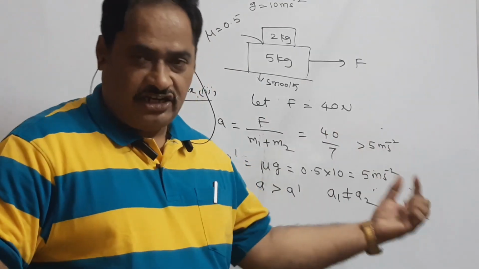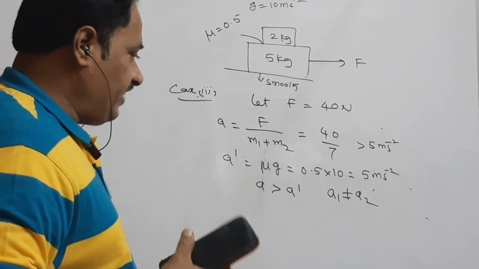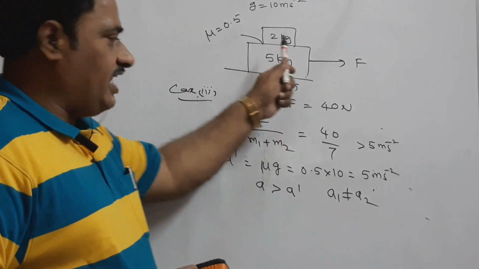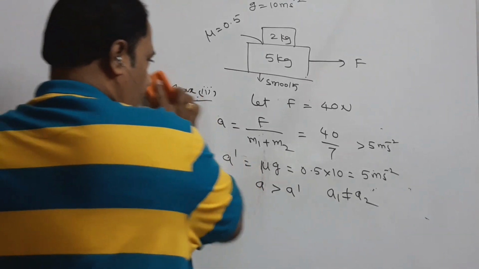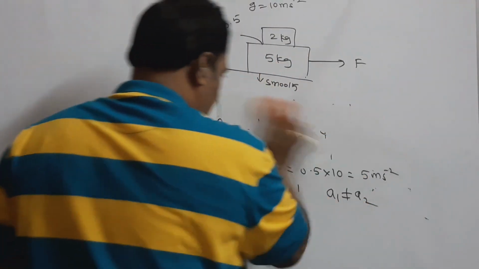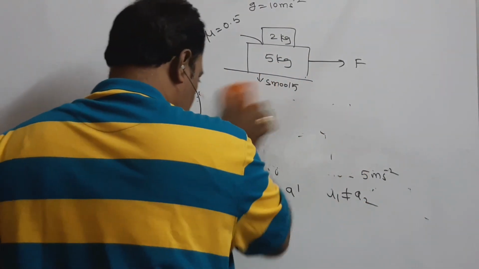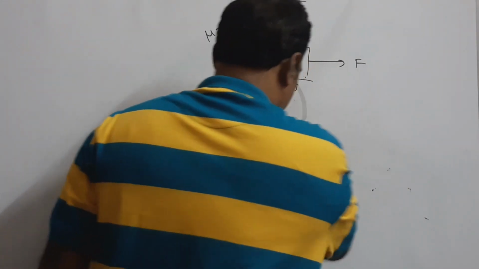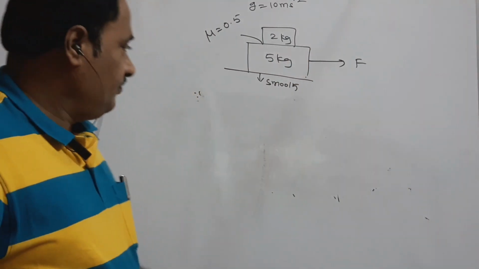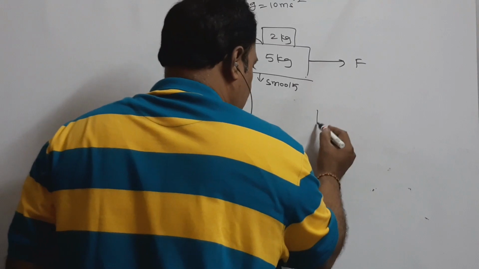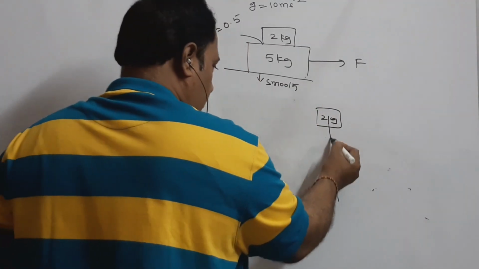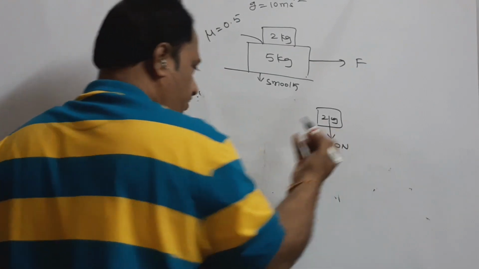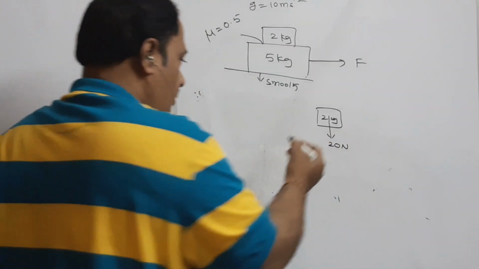By using the free body concept, we have to determine the individual accelerations. In the case of the upper block, I want to take that block individually. This is 2 kg. Here, the weight of that block, let it be 20 Newton.